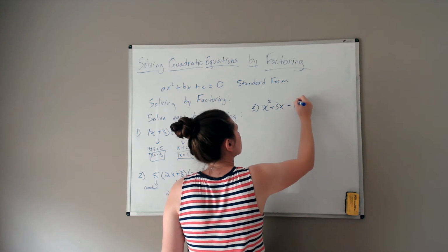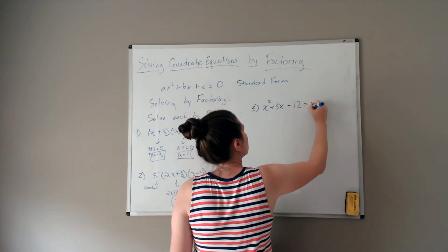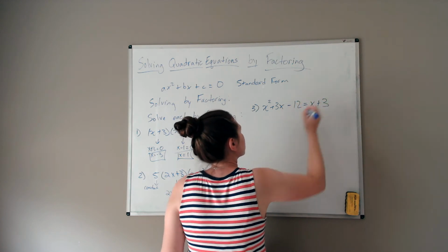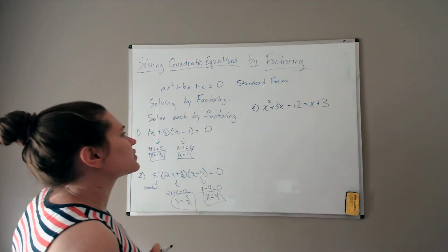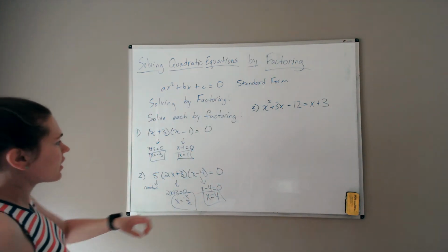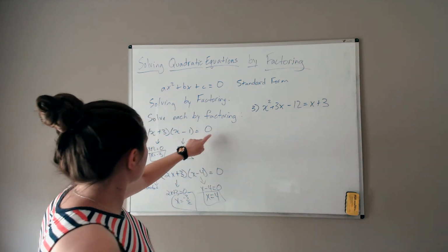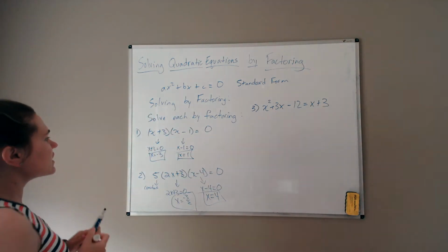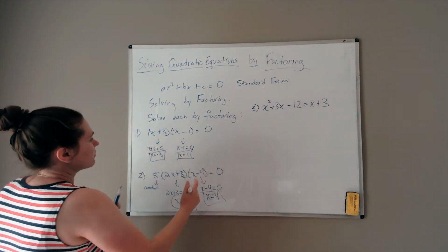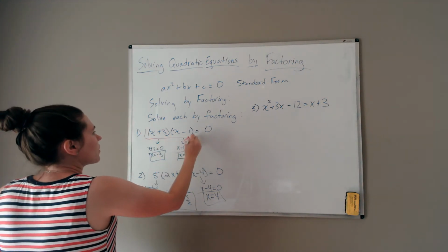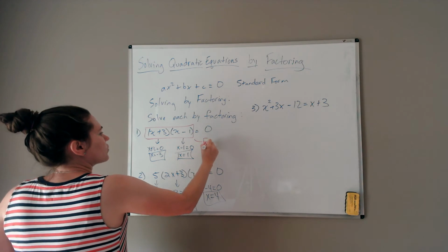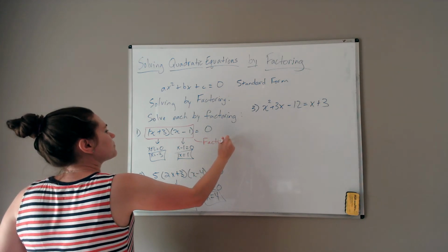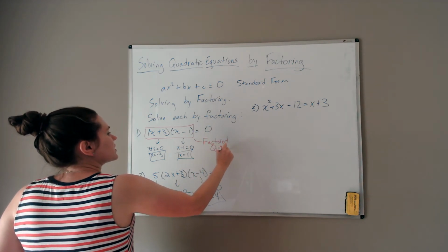Okay, so number 3, let's do x squared plus 3x minus 12 equals x plus 3. Super different than number 1 and number 2. But what I want you to look at is the ease of what we did in number 1 and number 2 came from the fact that what we had was a factored quadratic set equal to 0.